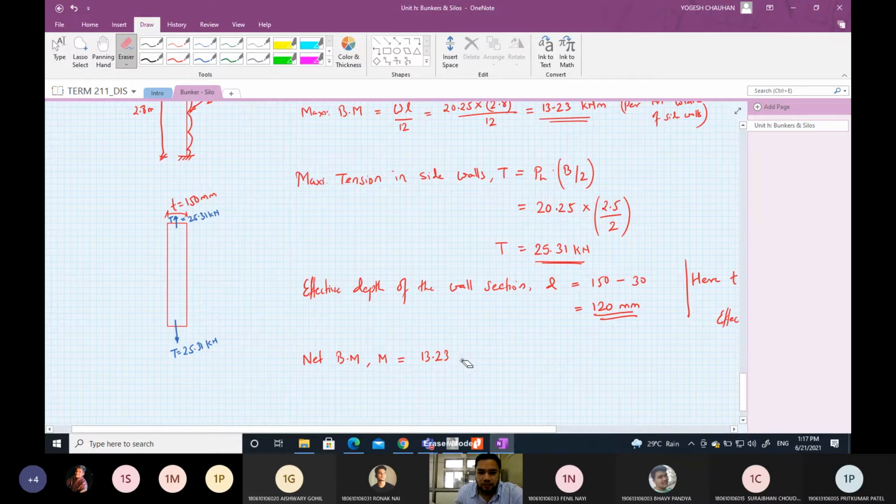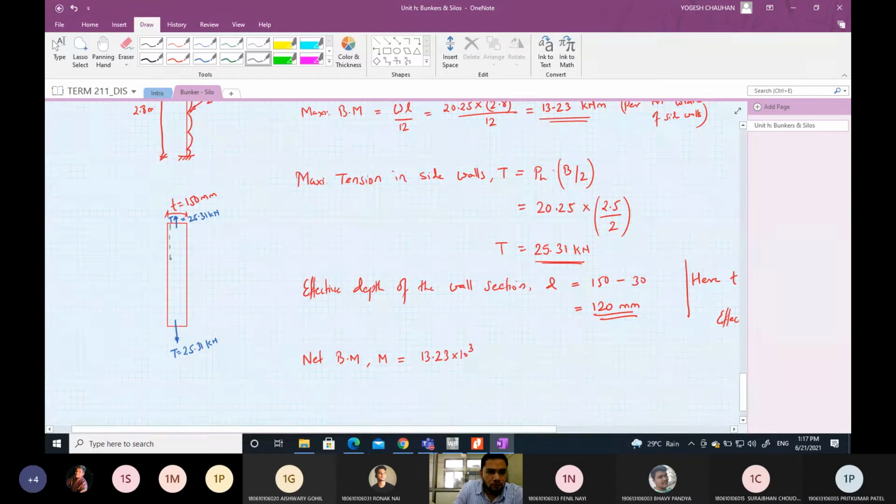Now we want to find the moment of this axial tension about the CG of the reinforcement. So this is our reinforcement.